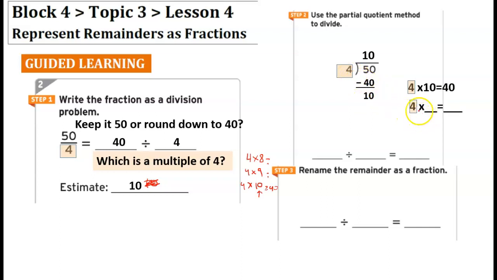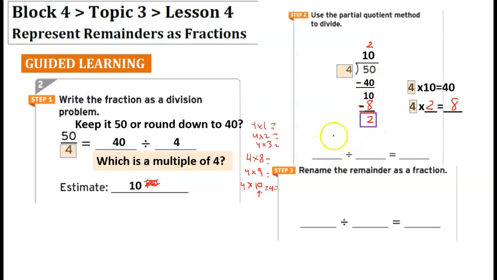All right, what's another 4's times table that's closest to 10 without going over? 4 times 1, 4 times 2, or 4 times 3? 4 times 2. 4 times 2 would be 8. So I'll write 2 here, 8 here, and 10 take away 8 is 2. So I have a remainder of 2.